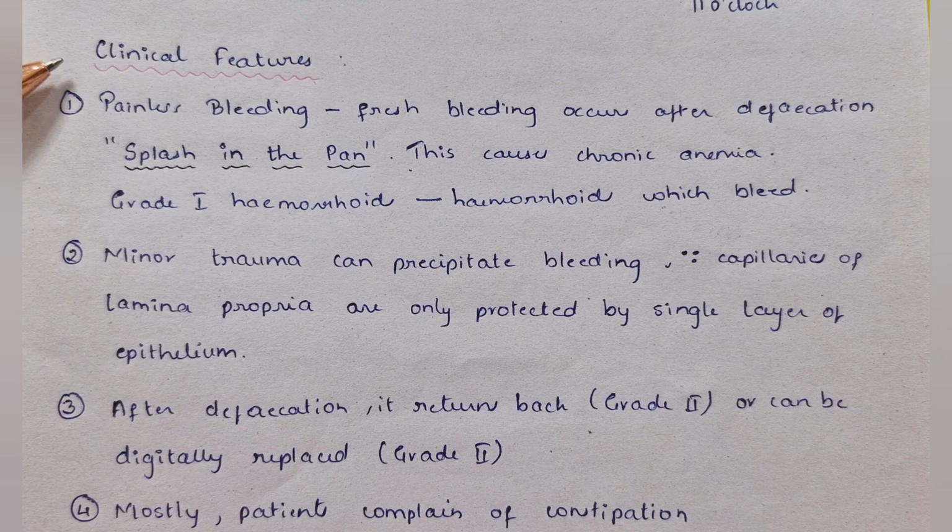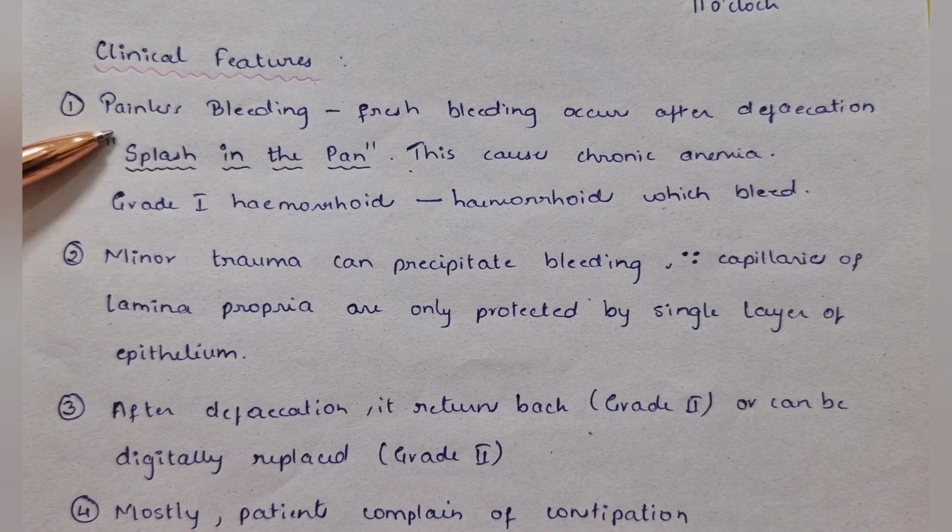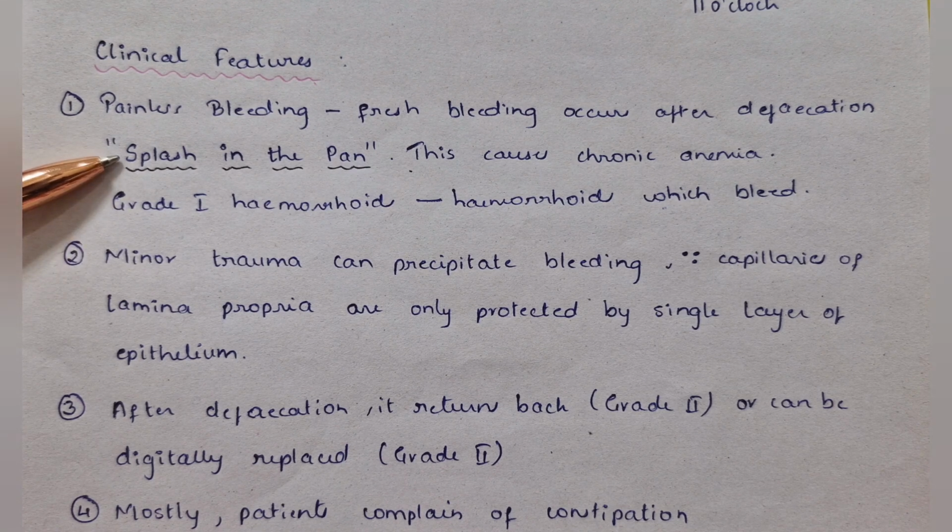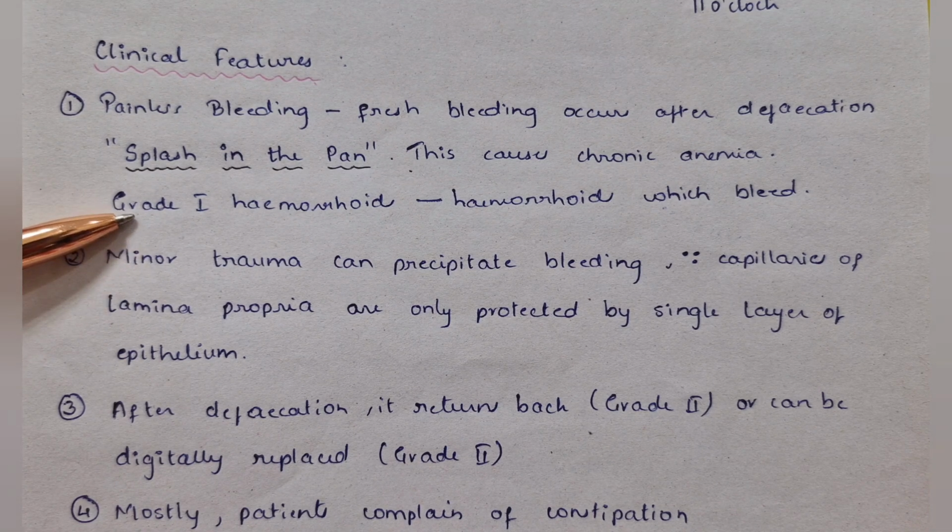Clinical features of hemorrhoids. Painless bleeding occurs. Fresh bleeding occurs after defecation, which is also called splash in the pan. This causes chronic anemia. In grade 1 hemorrhoids, the hemorrhoids bleed.